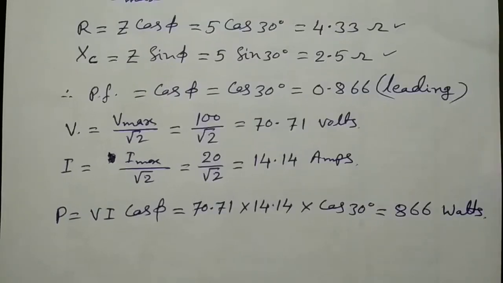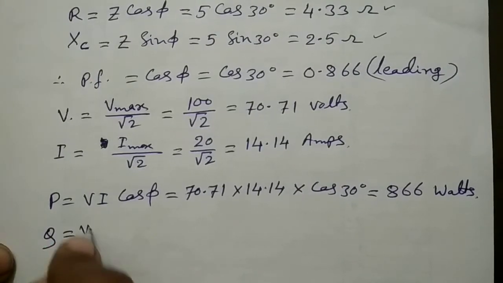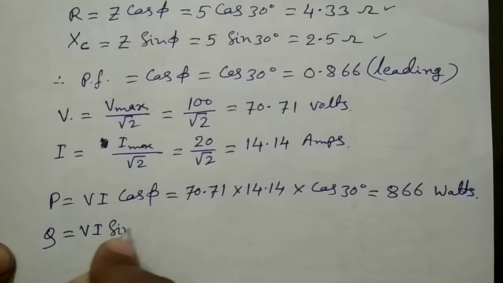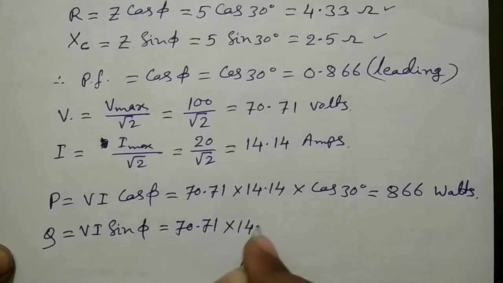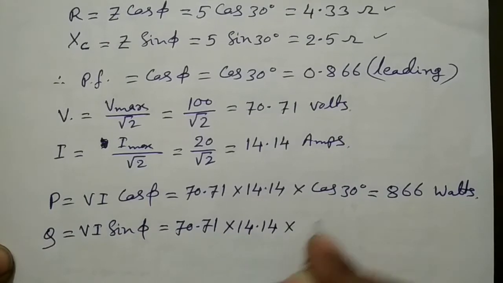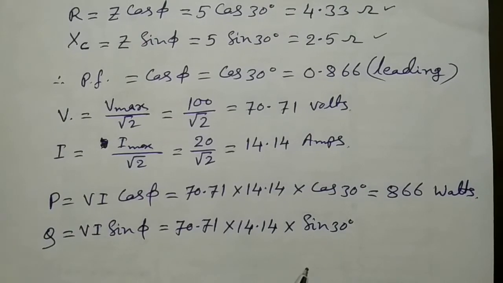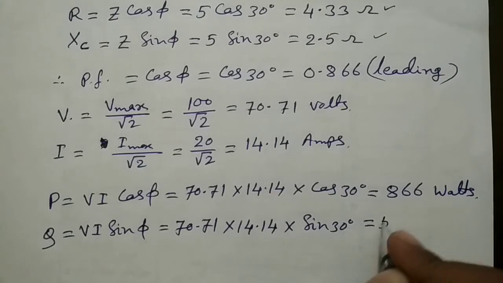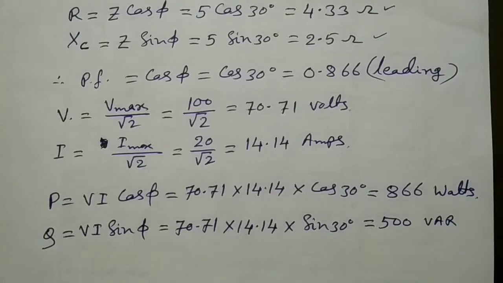This is our active power. The reactive power is VI sin phi. So 70.71 into 14.14 into sin 30 degree. So if we simplify this, we will get 50 volt ampere reactive, var.